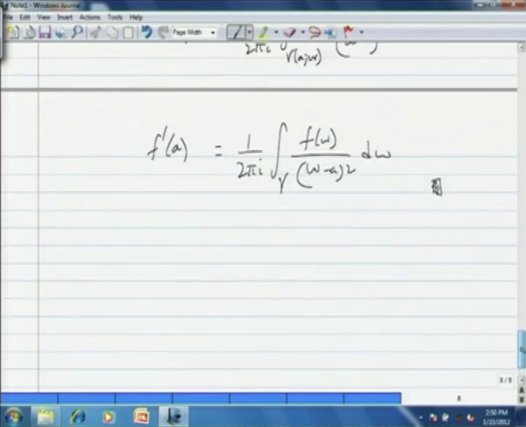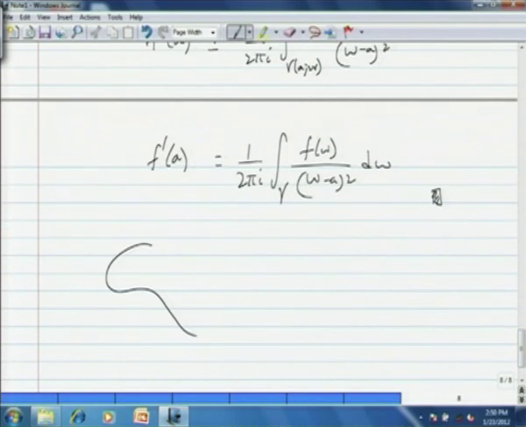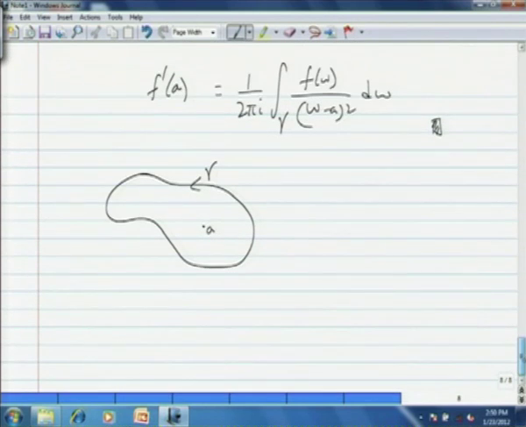Now, the situation was that f is analytic on and inside the simple closed curve gamma, and a is an arbitrary point on the inside of gamma, and this formula holds for a. So, you can think of a varying on the inside of gamma. So, a can be any point. So, you have a variable point.